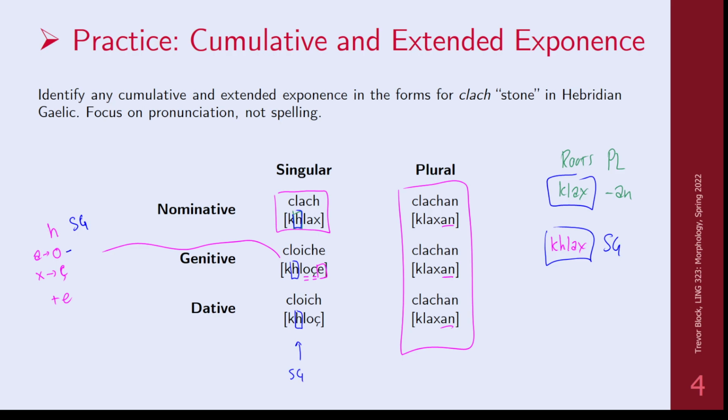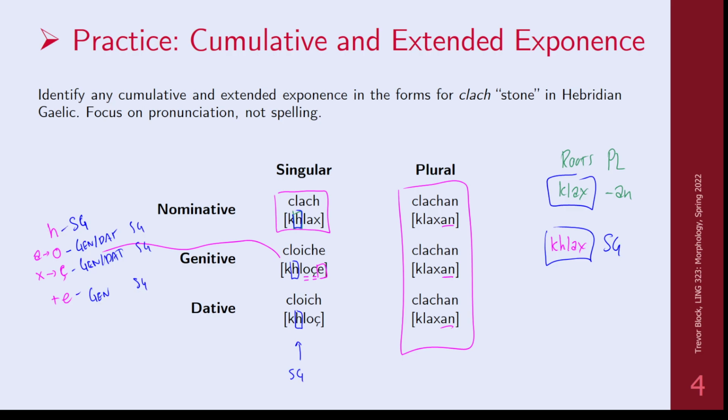The vowel change is happening in the genitive and the dative. So this could be a marker for the genitive or the dative. What is the x to c doing here, the consonant change? Well, that's doing the same thing. The consonant is changing in the genitive or the dative case, and specifically in the singular genitive dative case. And when are we adding e to it? Just in the genitive singular.